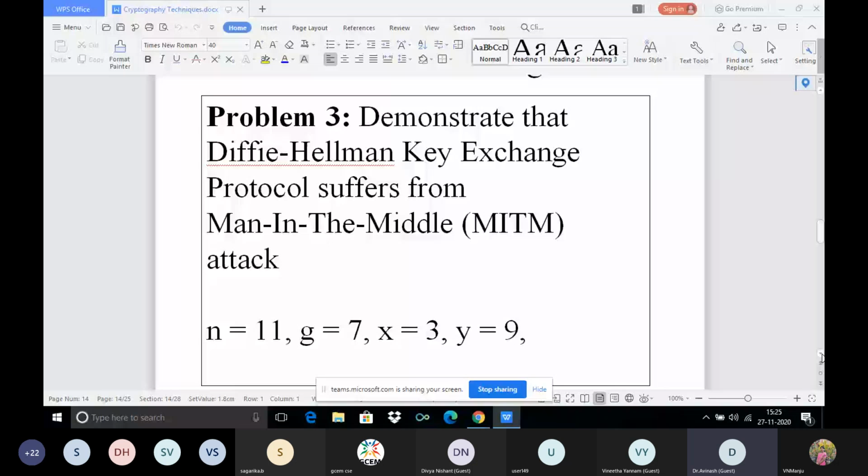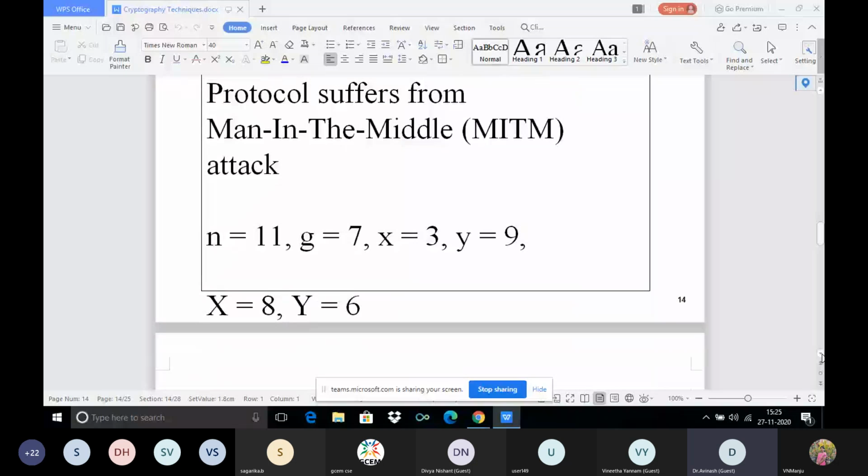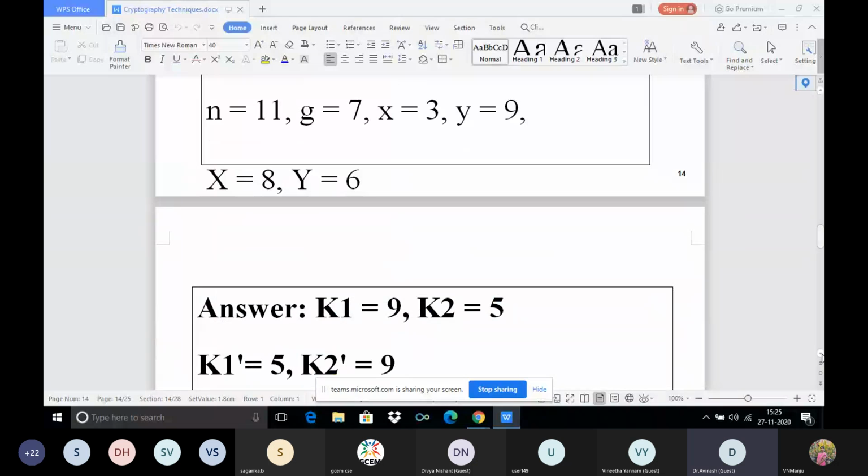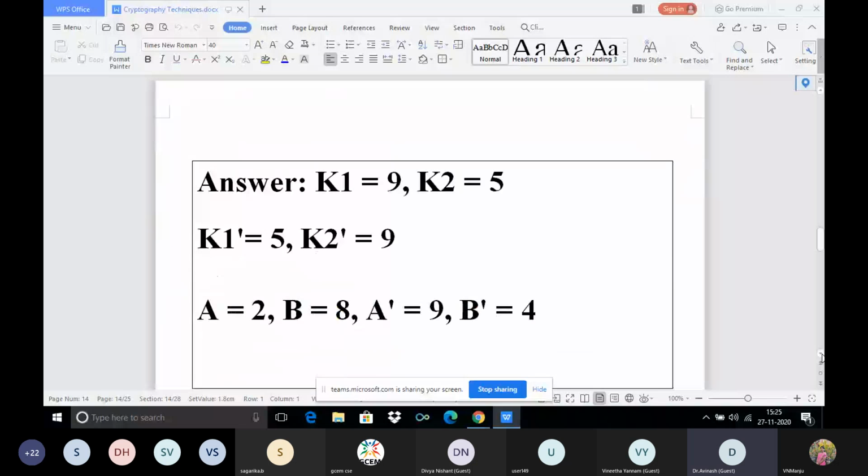So this is the example where we can take different numbers, say n is equal to 11, g is equal to 7, x is equal to 3, y is equal to 9. Then the value obtained for x is 8, and the value obtained for y is 6. So in both cases we obtain k1 is equal to 9 and k2 is equal to 5 with the function that we applied earlier.